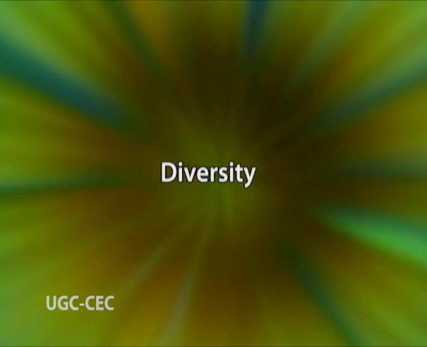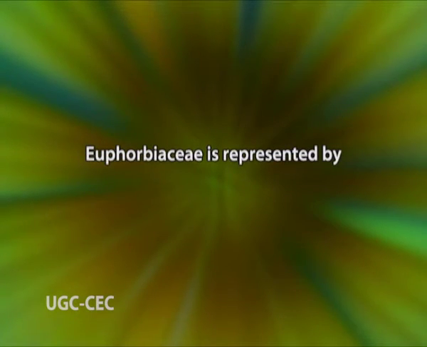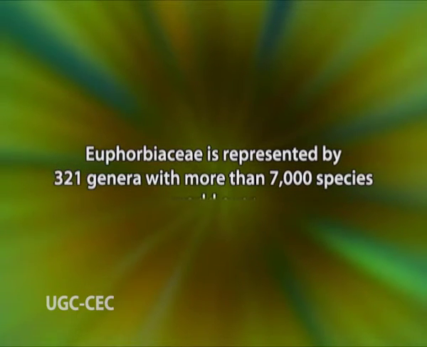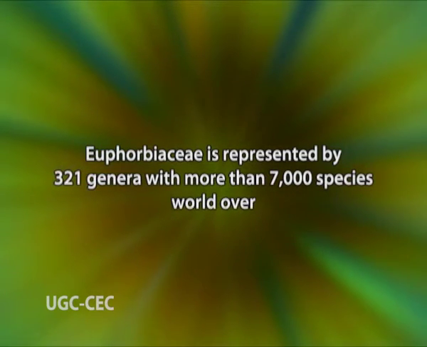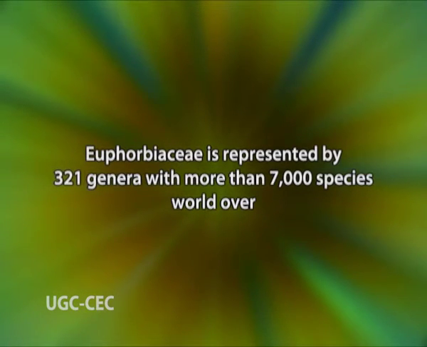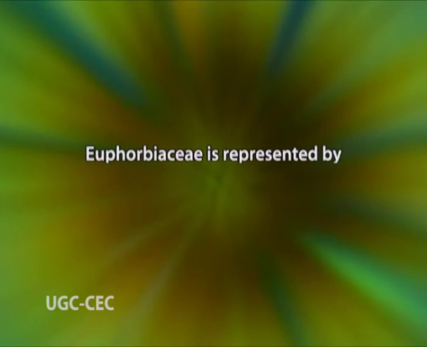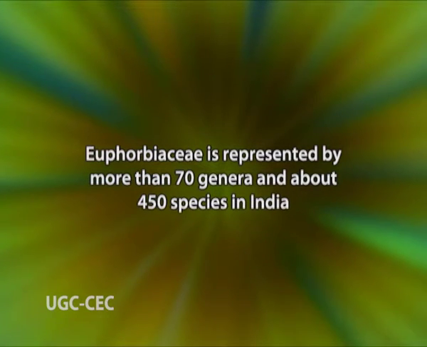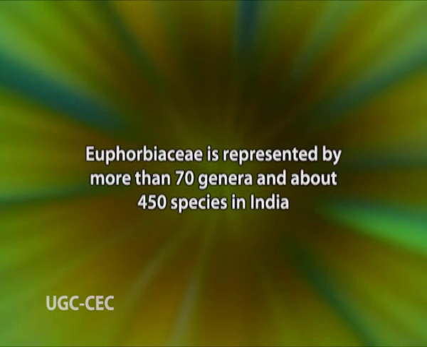Now, diversity. At present, the family is represented the world over by almost 321 genera and more than 7,000 species. In India, the Euphorbiaceae is represented by 70 genera and about 450 species.